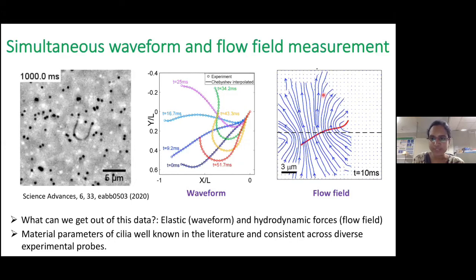So I'm showing you streamlines of the flow field for a particular conformation of the filament. Because we have hundreds of movies like this, we can essentially measure the flow field at each time point in the stroke.